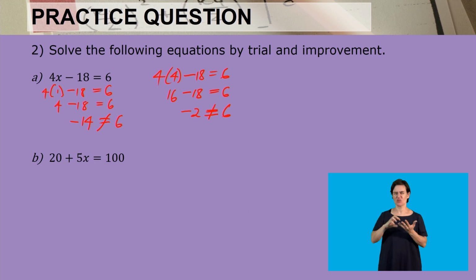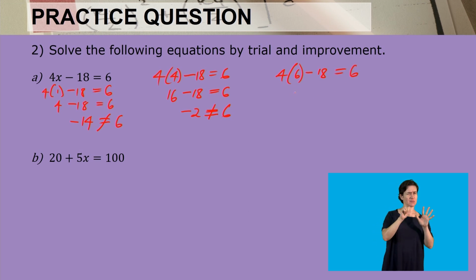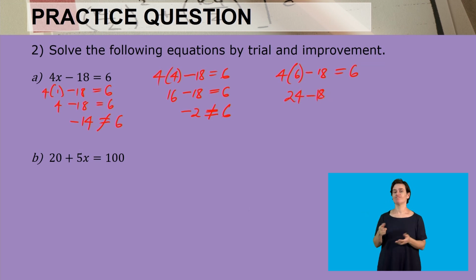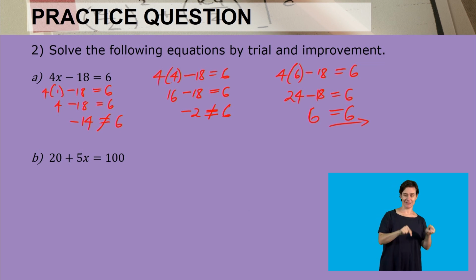Let's jump one more number and use 6. 4 times 6 is 24, minus 18 is 6. So our equation balances when 6 on the left is equal to 6 on the right. So our value of x is 6.